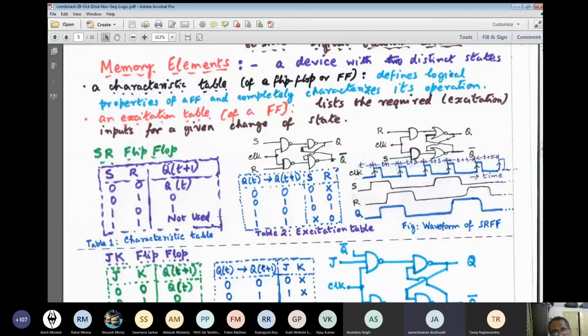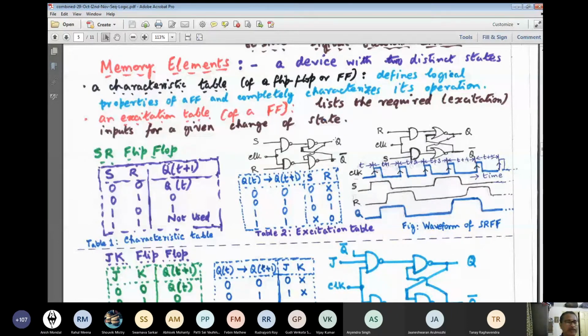Very good. So if both S and R are 1 and clock is 1, you have got 0 here, 0 here, then both the NAND gate outputs will be 0. So Q and Q bar will both be logic 1. That violates the definition of complementarity. At any point of time, if Q is at logic 1, Q bar should be at logic 0, and vice versa. If Q is at logic 0, Q bar should be at logic 1.